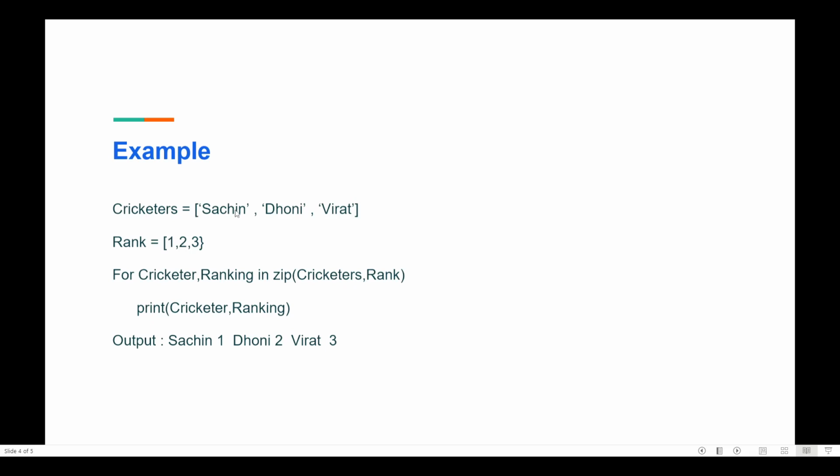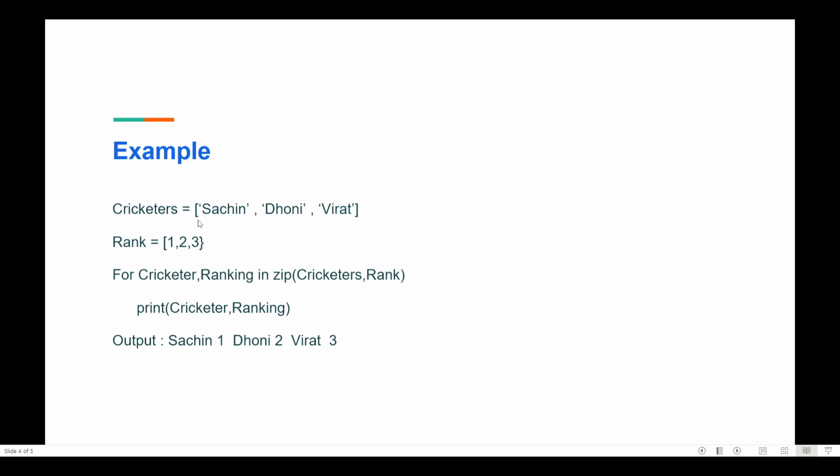There is another example as well. cricketers equals Sachin, Dhoni, Virat. Now I have assigned a rank here. Here it should be a square bracket, so I have made a mistake here. rank equals 1, 2, 3. Here it should also be a square bracket. For cricketer, meaning we are taking the individual element inside this, cricketer, comma, ranking in zip.